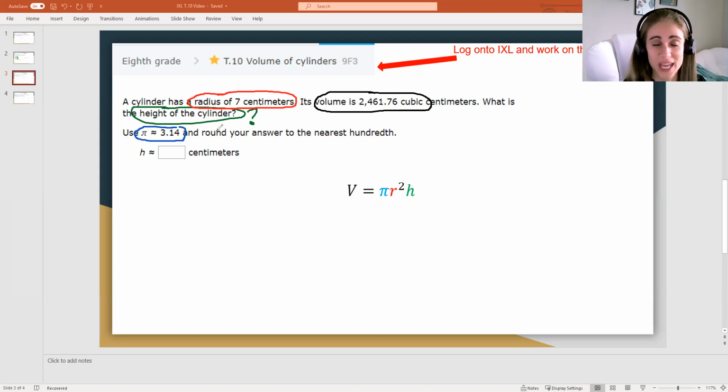All right, our second step remains the same of substituting in the information that we know. This time, my V is not going to stay a variable because I know the volume. So my volume is going to be substituted in for V. We have our pi.